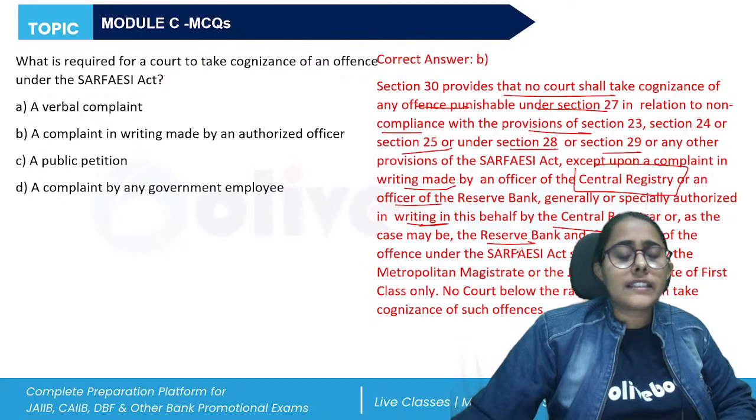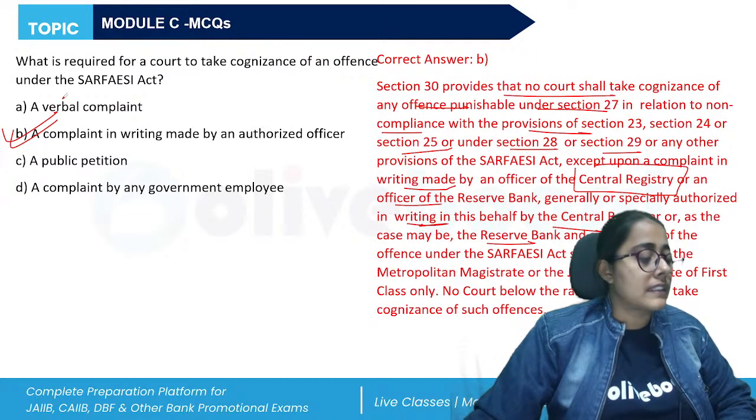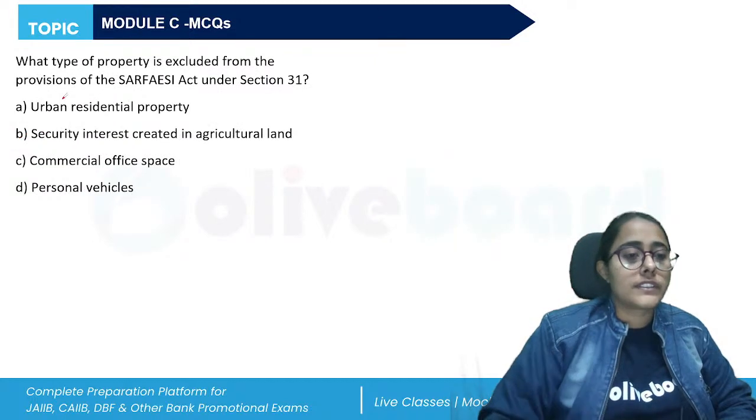Then only will the complaint be taken into cognizance by the court. So when the complaint is made in writing, otherwise the court cannot take cognizance of any offence that is punishable under the Act. Only when the complaint is made in writing by the authorized officer.